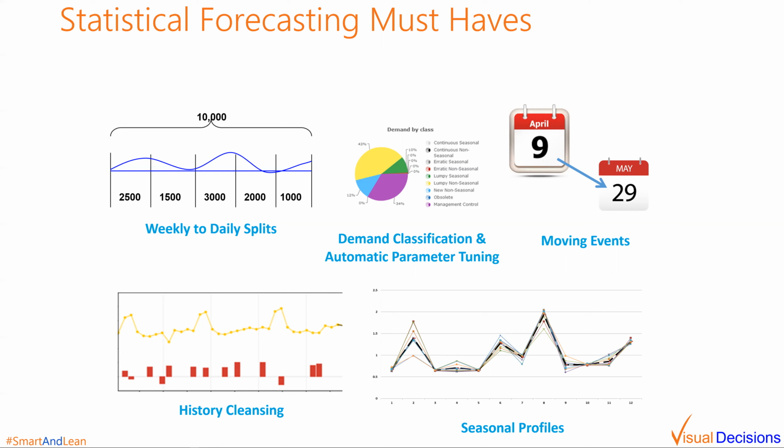Well, when your history is completely skewed, how do you actually go about analyzing that and generating that statistical forecast going forward? There are a number of things that you can do to really look at how we clean that up.